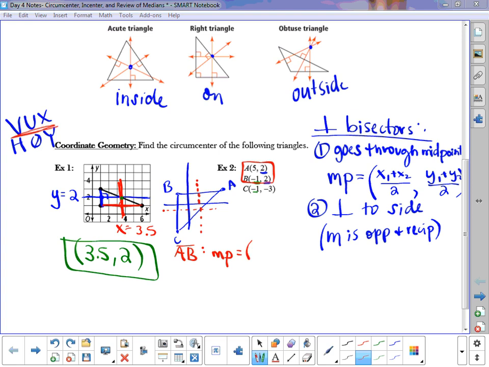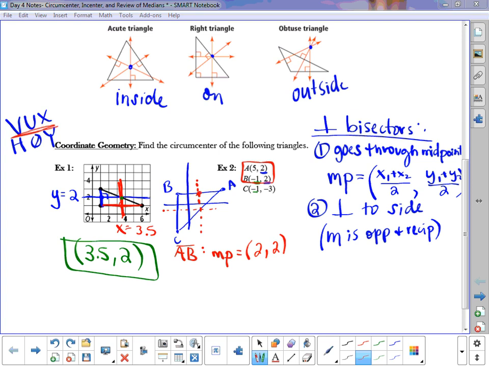So we get 5 and negative 1, so 4 divided by 2, so 2. And 2 plus 2 is 4 divided by 2 is 2. Did we get a midpoint of 2, 2 for that one? Okay. So that gets me a starting point. I know that my midpoint is the point 2, 2. It has to go through there, right?